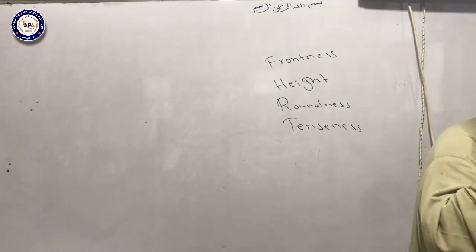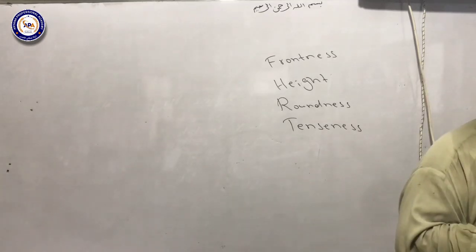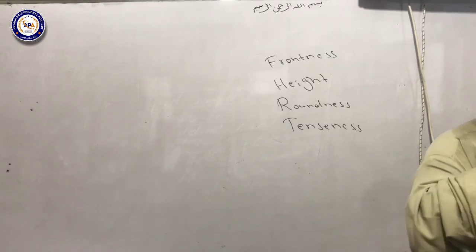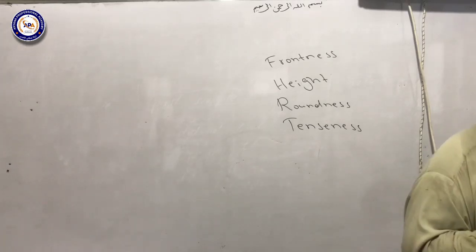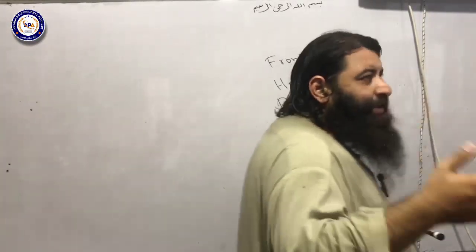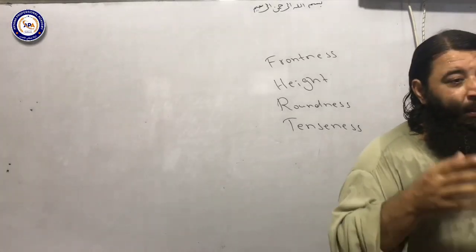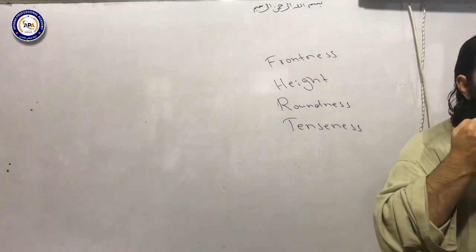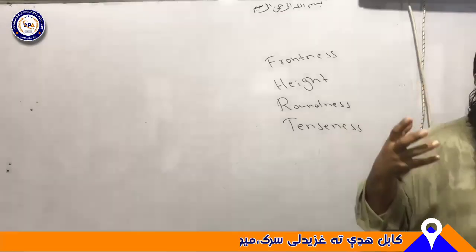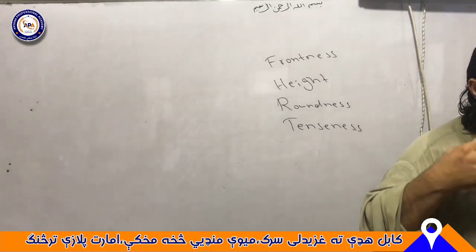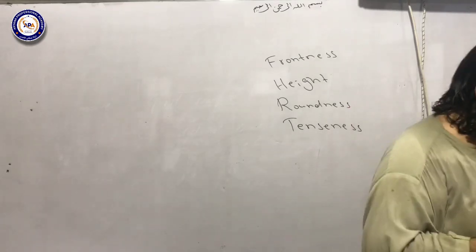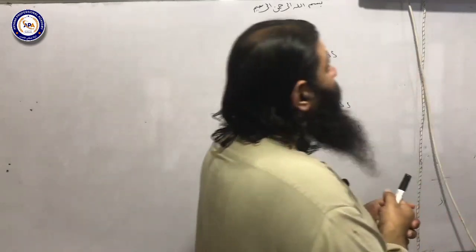Our lips take a round shape, like O. And some of them, the lips are not round, like E. And some of them, lips are half round, like A, semi-round vowels. Again, three types. And based on tenseness, we have two types: tense vowels and lax vowels. In tense vowels, you tighten the muscles of your mouth. Your muscles are tightened. But in lax vowels, you relax your muscles of the mouth. Your mouth muscles are loose. You loosen the muscles. So we will take the definitions and then the examples.